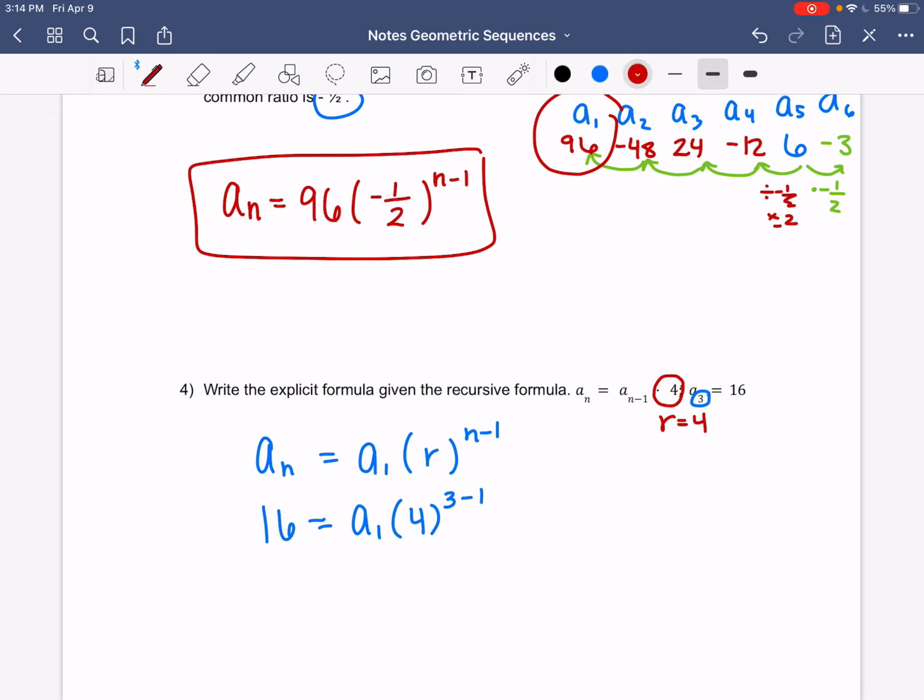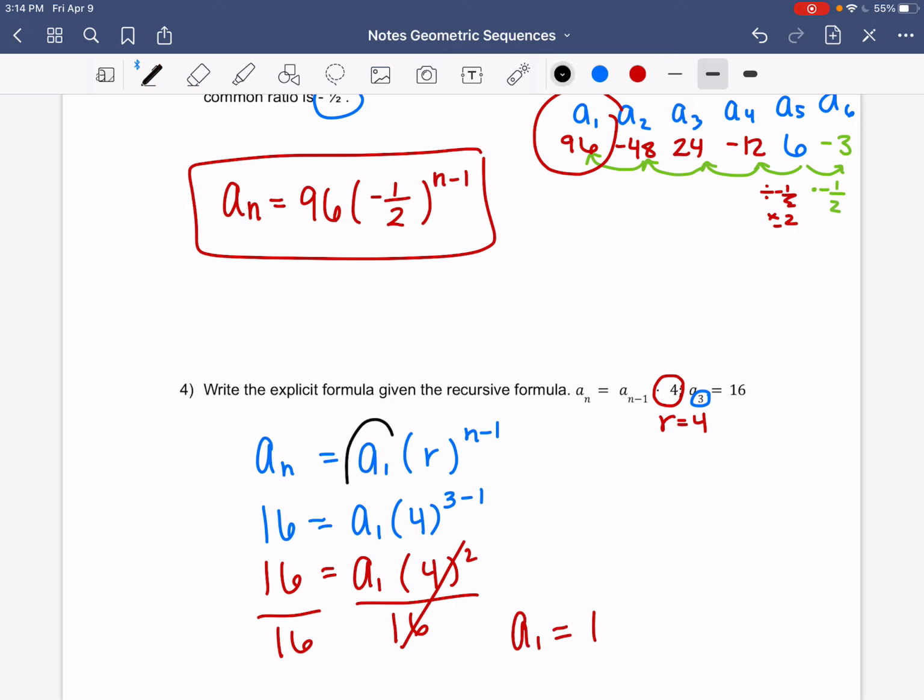So we can find a sub 1 this way, which is different than how I showed you up here. So 16 equals the 1st term times 4 squared. Well, 4 squared is 16, so I divide both sides by 16, and we get that a sub 1 equals 1.